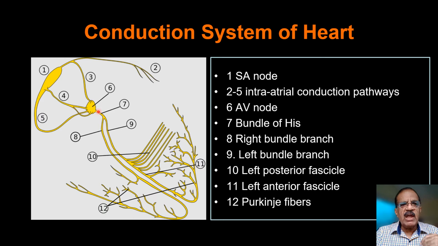It passes on the left side and then it bifurcates into two main fascicles, left bundle branch and the right bundle branch. There may be a small fascicle arising from the left bundle to the septum also, but there are two main branches. So right bundle branch, this one, the one on the right, this one the right bundle, which passes on the right side of the septum.